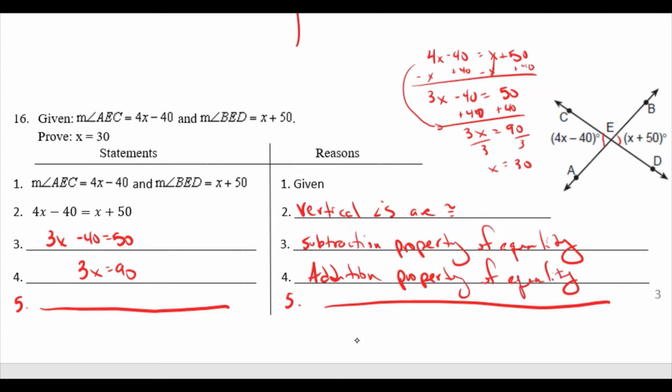Okay, and then we get x is equal to 30 with the division property of equality. All right. So that would be our last algebra proof there.